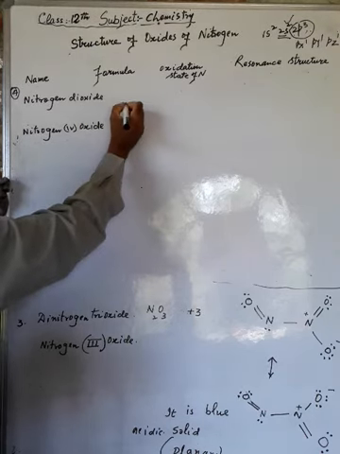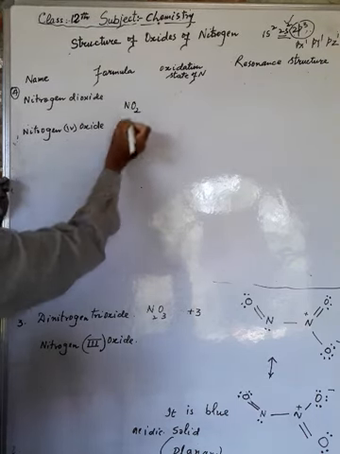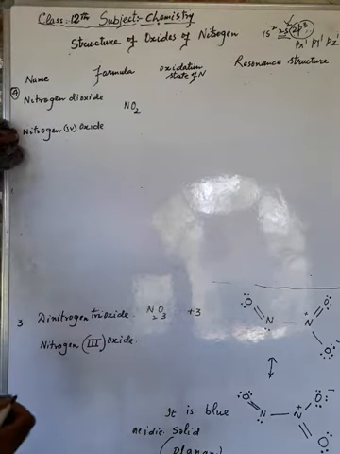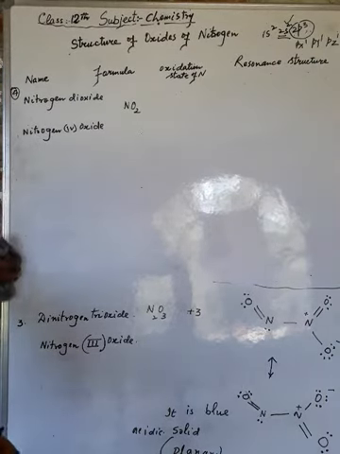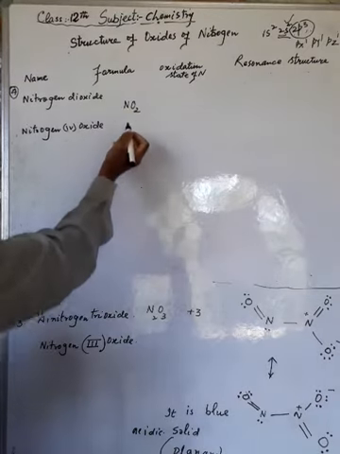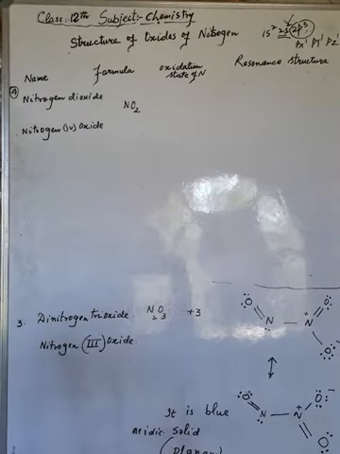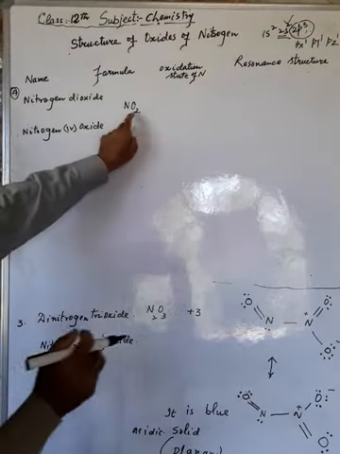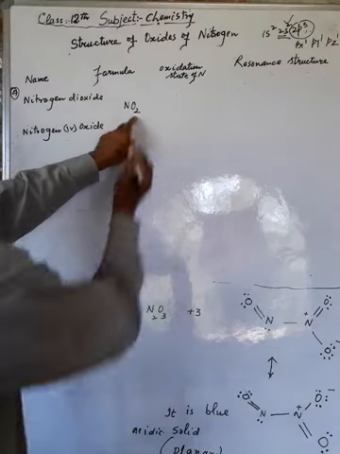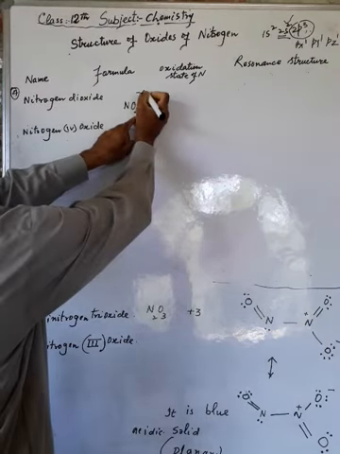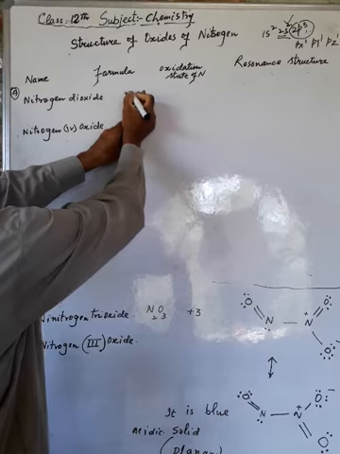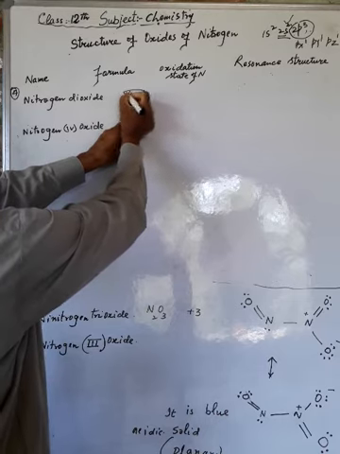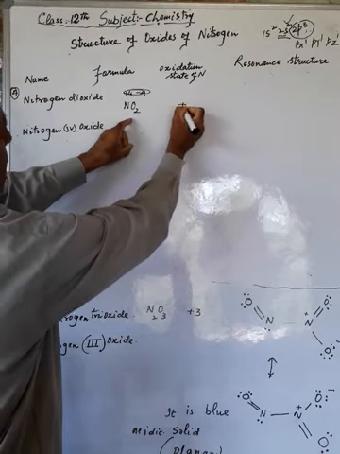Its formula is NO2. And what is the oxidation state? Why is it called nitrogen 4 oxide? Because here the oxidation state of the oxygen is -2, and 2 oxygens make -4, so the compound as a whole is neutral, so the nitrogen is +4, -4 plus 4 is 0, so it is +4.